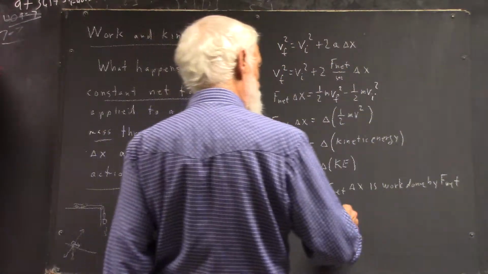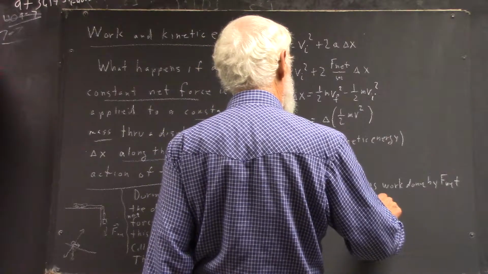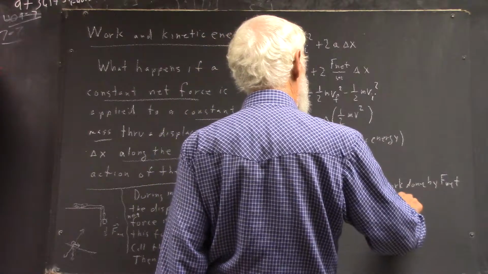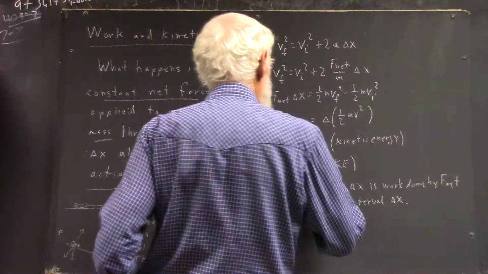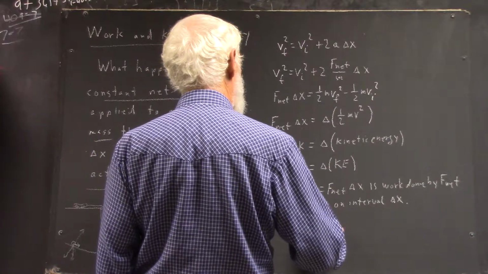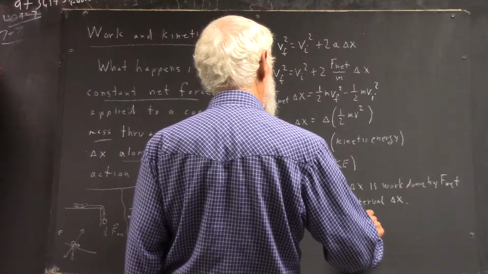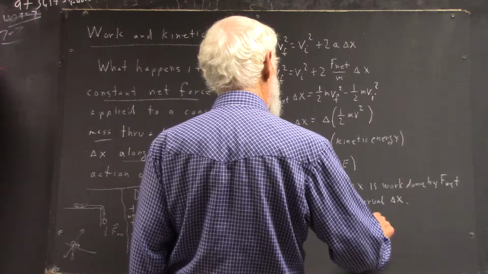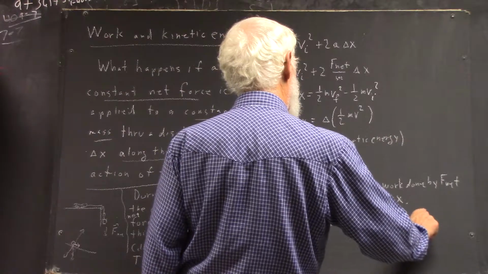It's work done by an F net on the interval delta x. And KE is what we're going to call kinetic energy.